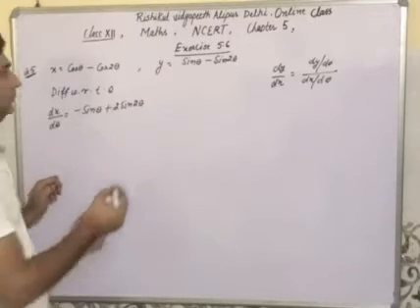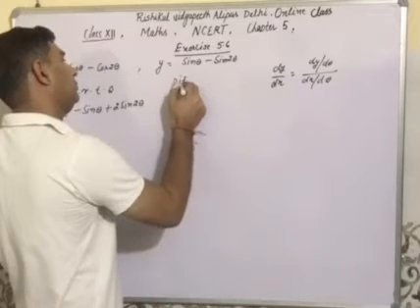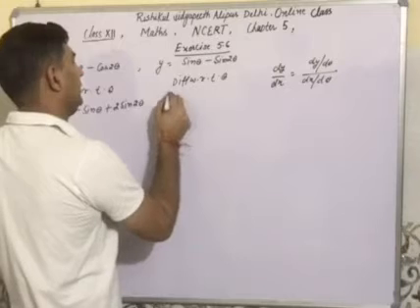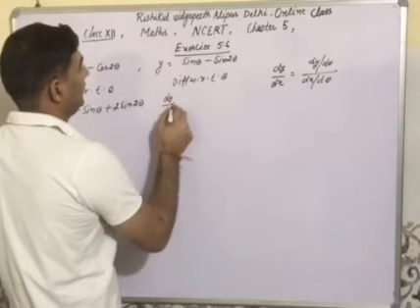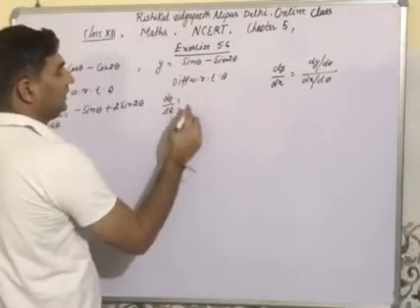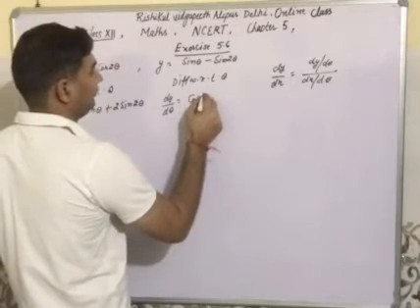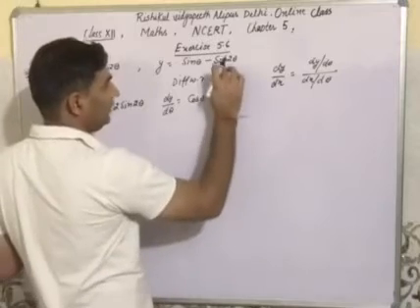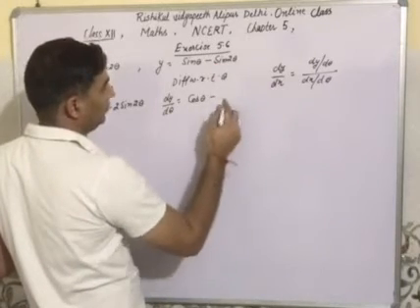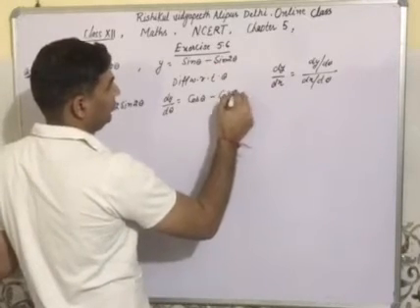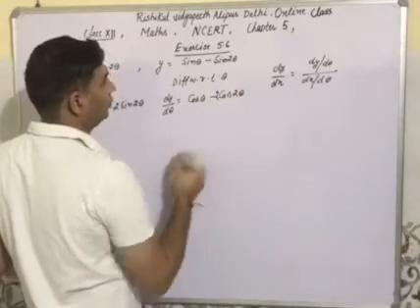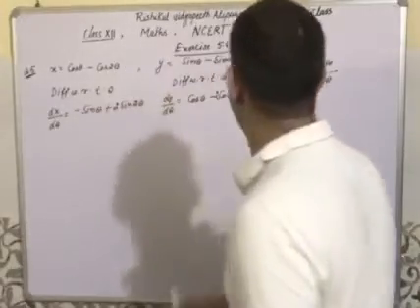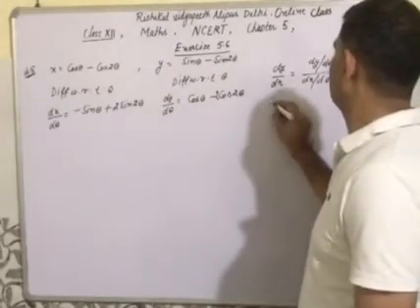And then differentiate y with respect to theta. Then dy by d theta: the derivative of sin theta is cos theta, and the derivative of sin 2 theta is cos 2 theta into 2. Then dy by dx is equal to dy by d theta upon dx upon d theta.